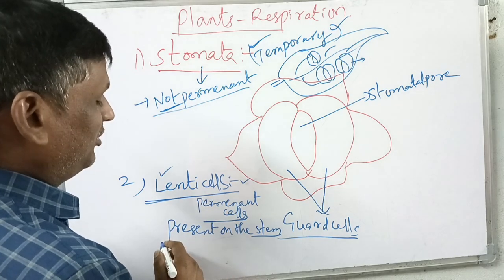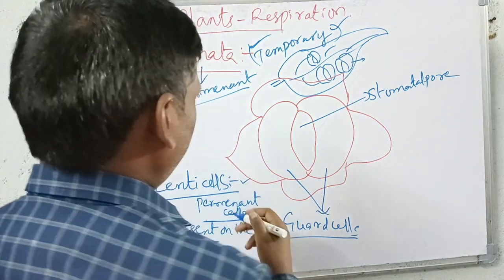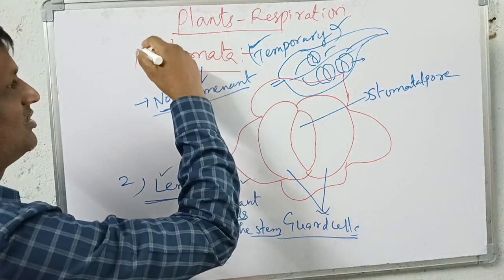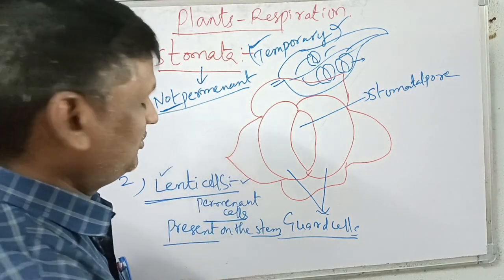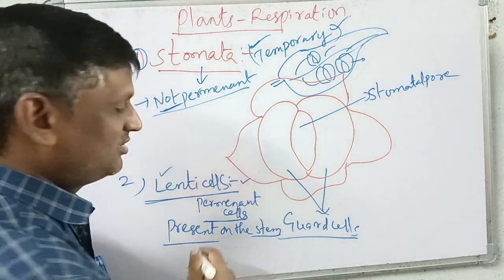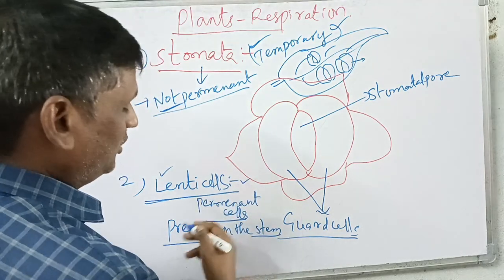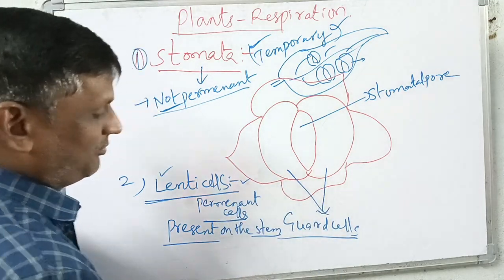Even lenticels can participate in the respiration. So this is the second type of respiration. So plants can respire through the stomata, first one, and plants also can respire through the lenticels. Lenticels are especially present on the stem. So these are called permanent cells. These can also participate in the respiration.